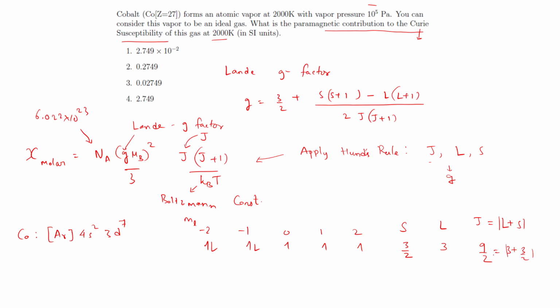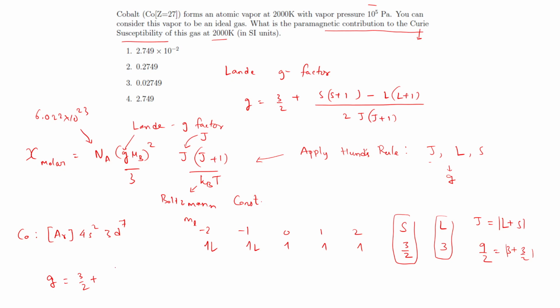Okay, so now we got S, we got L, we got J. So we have to now put it in the expression for the Lande g factor. So g equal to 3 by 2 plus S into S plus 1.